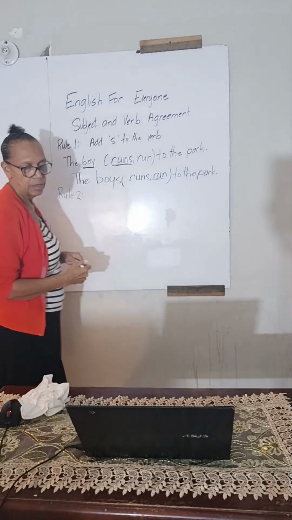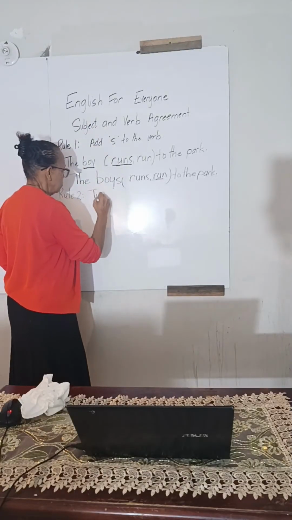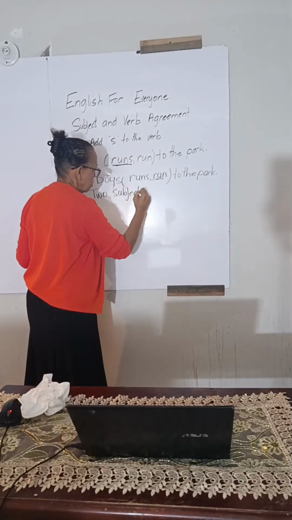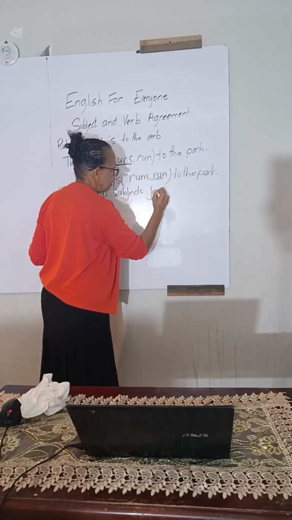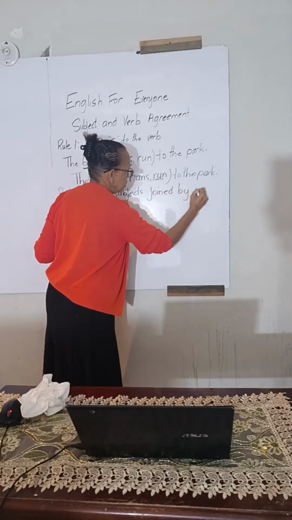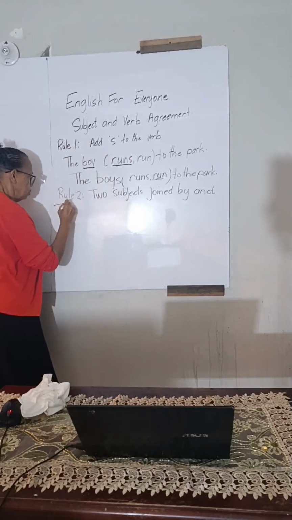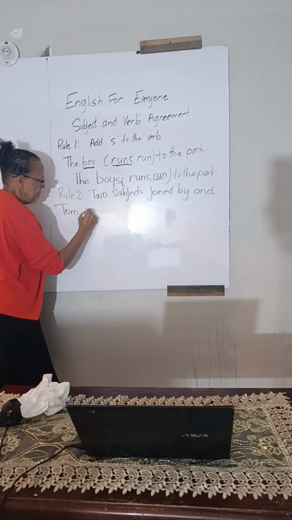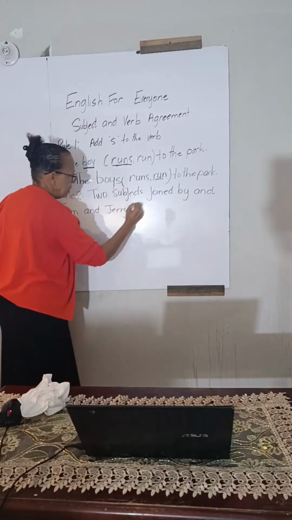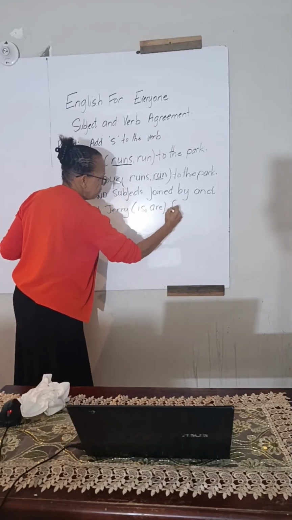Rule 2 says two subjects joined by and. Tom and Jerry is our friends.